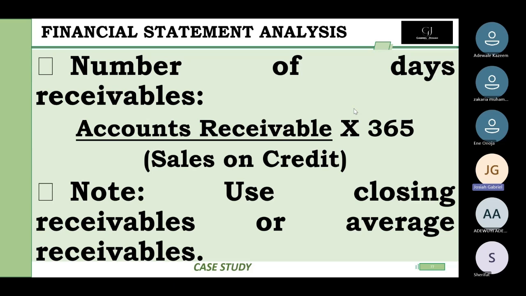The timing of credit sales is at the moment of sale, while account receivable is after the sale until payment is received. When a sale is made on credit, receivables are generated, and when customers pay, the balance decreases. So those are typically the differences between credit sales and accounts receivable.